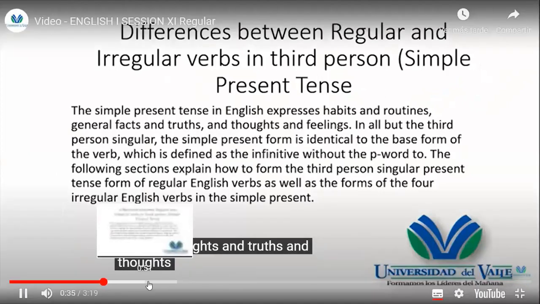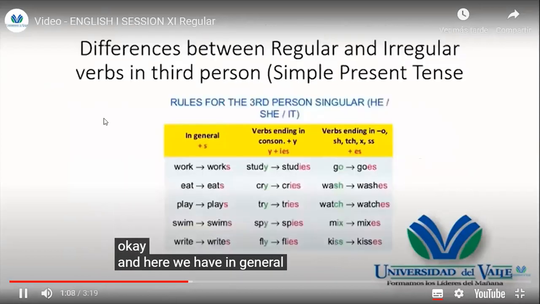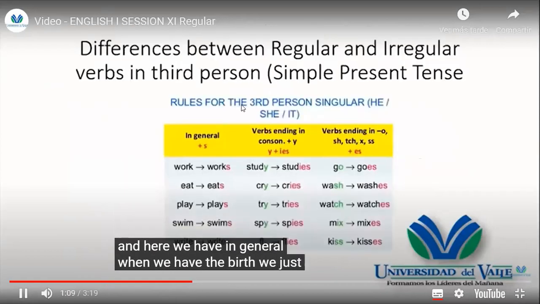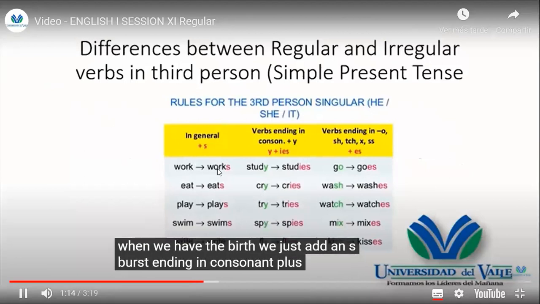Also, we're gonna be working on, and here we have a chart about the rules for the third person singular. In this case, working with the third person singular pronouns, he, she, it. Okay, so in general, we're just gonna add an S to the verbs. For example, work, works.